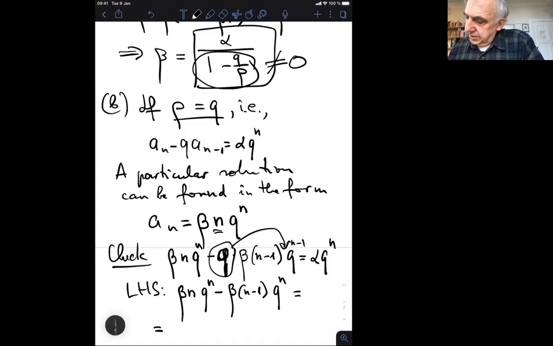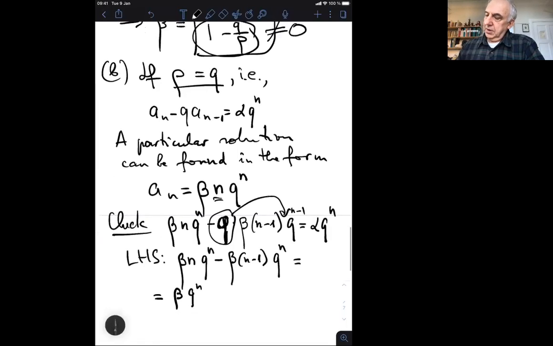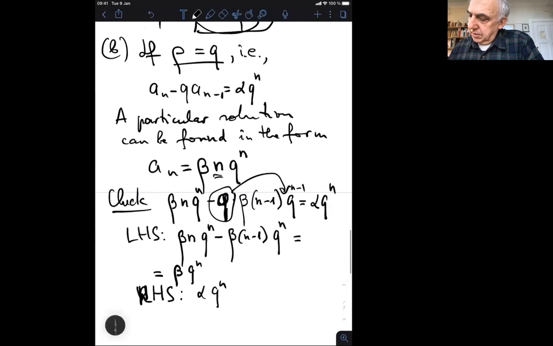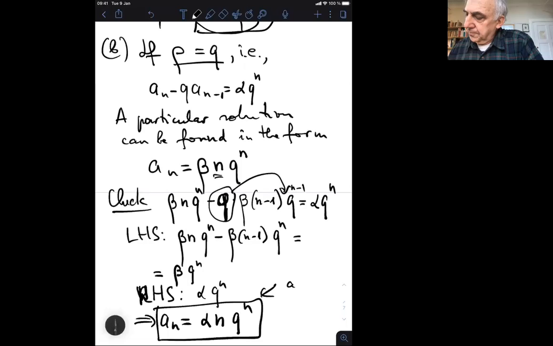What is left is beta q power n. And the right-hand side is alpha q power n. So the result is that a n equals alpha n q power n, and this gives us a particular solution of the recurrence.